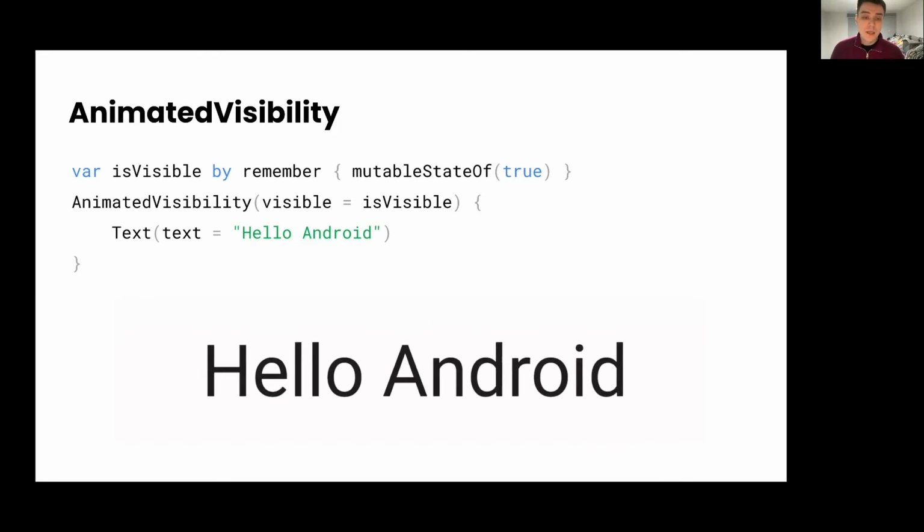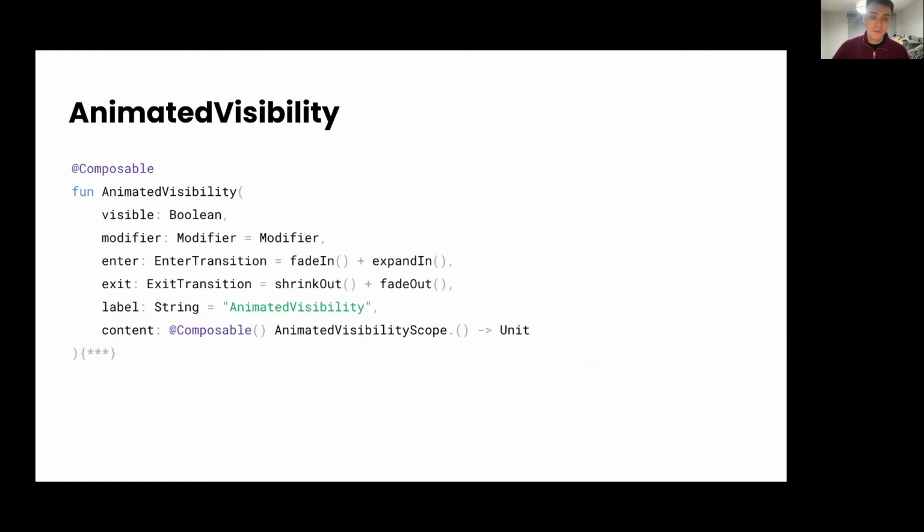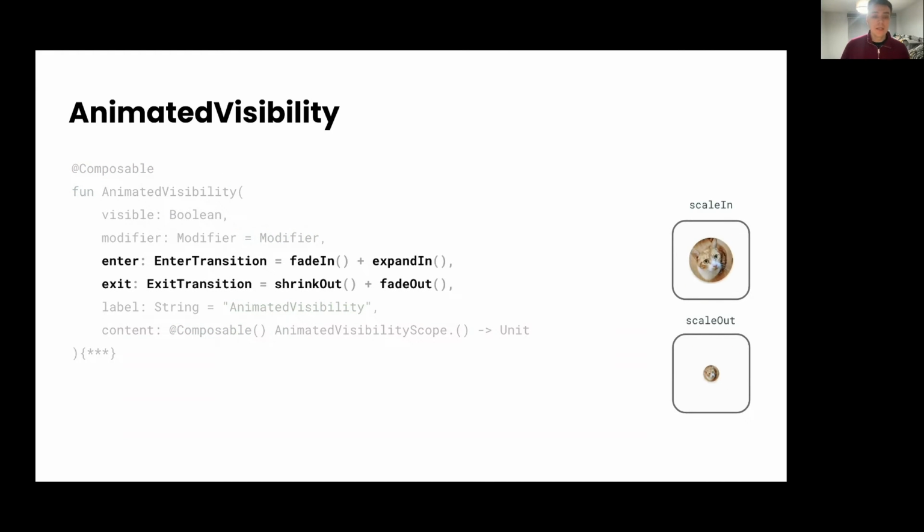And now let's take a look at the function definition. And here we are interested in two parameters. Enter and exit transitions are in essence a way to declaratively describe the appearance and disappearance of the content, right? So the default ones are fade in, expand in, shrink out, and fade out, and they are provided by the framework, by Jetpack Compose, and we do not have to implement them ourselves.